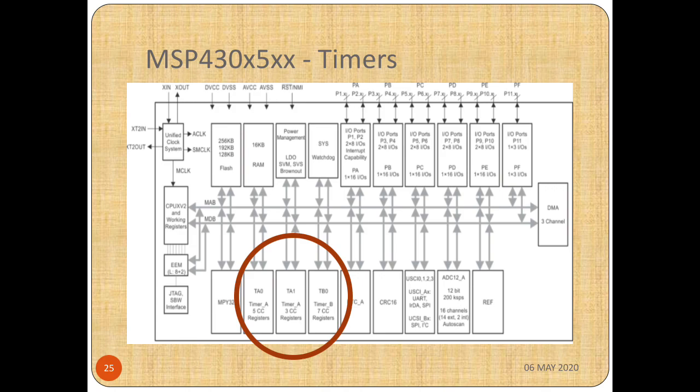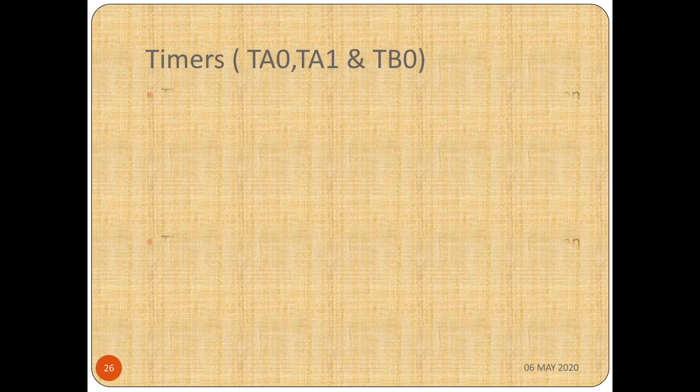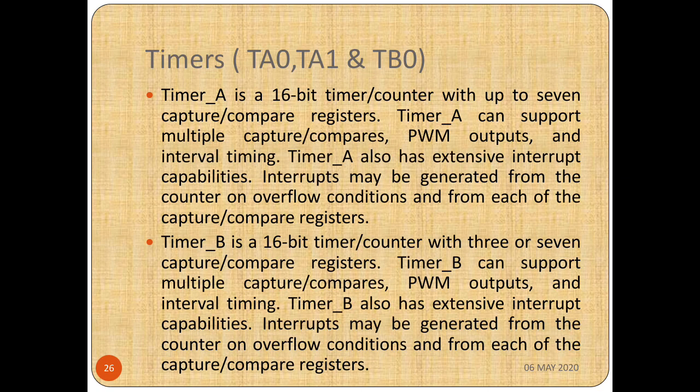In compare mode, it can provide the time duration to complete the operation, that is, the running time is always compared with the allotted time. When the time is completed, it goes for another operation, otherwise it restarts. So we use this for providing timing and intervals.